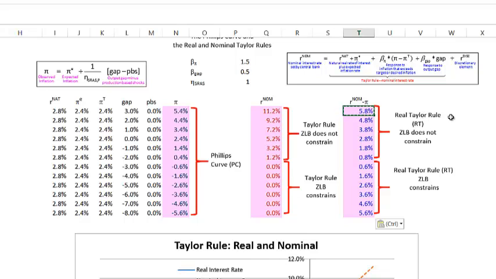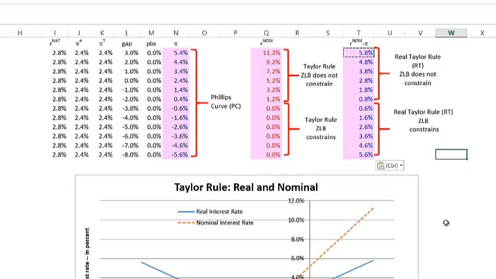As we can see, the real interest rate goes down, down, down, down, down, and it keeps going down. But now notice this. Now that we're in zero lower bound territory, as the inflation rate continues to fall and it gets more negative, the real interest rate begins to rise.